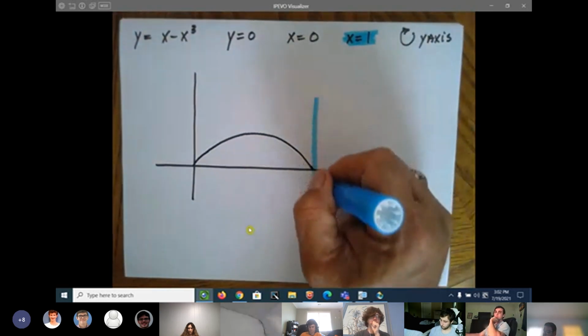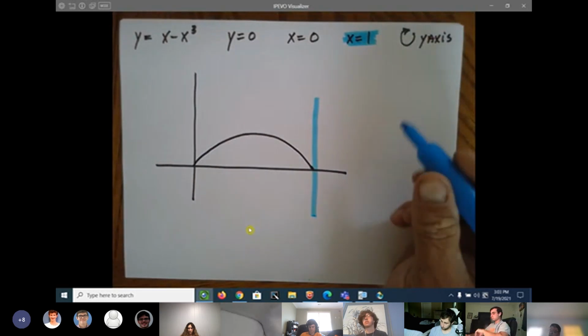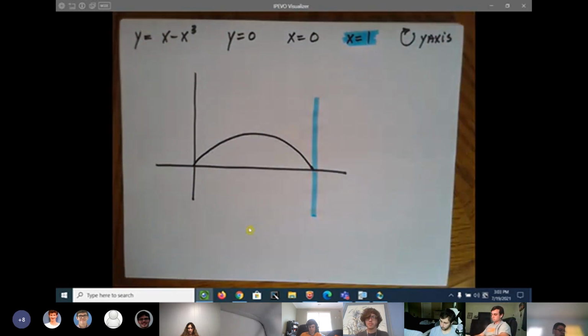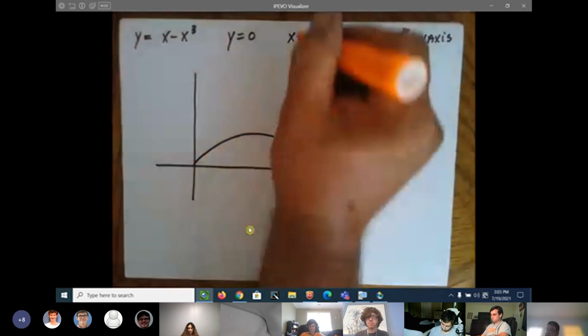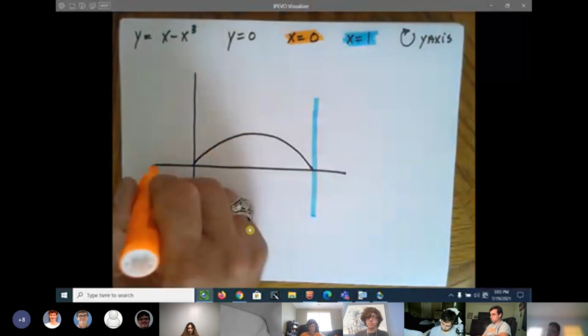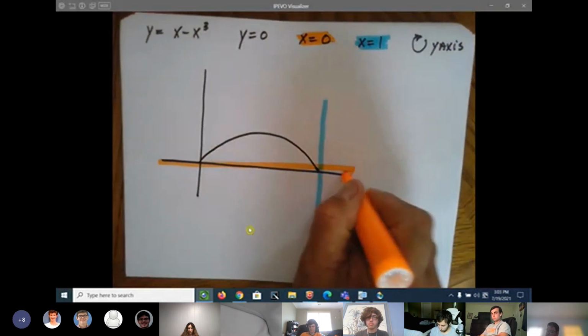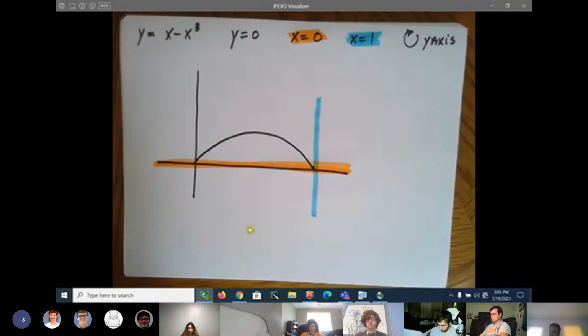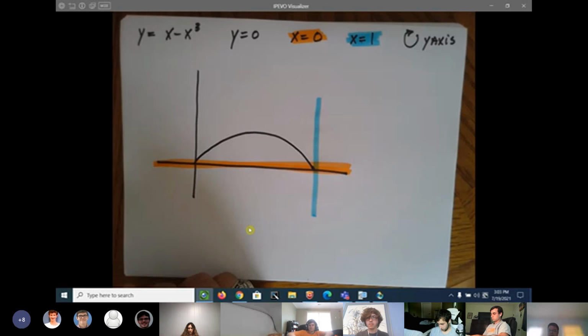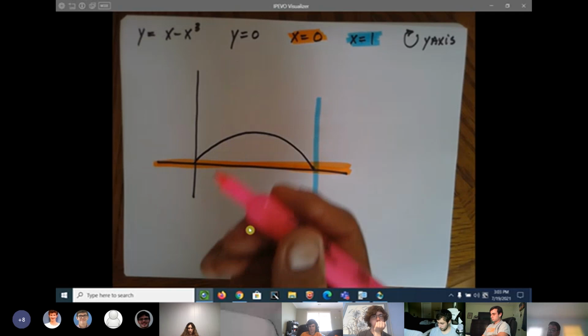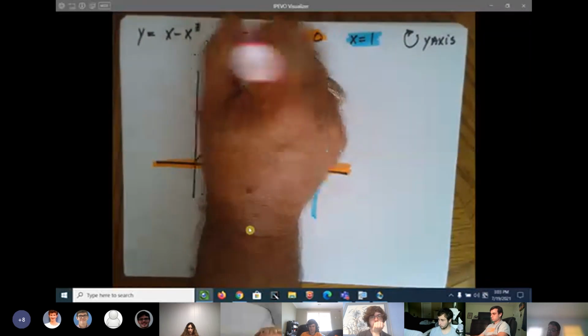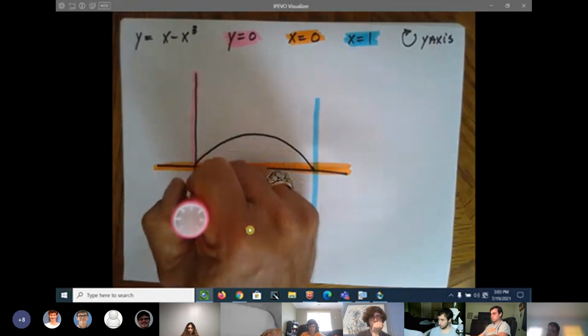That's going to be right here. x is equal to 0 is right here. And y is equal to 0 is right there.